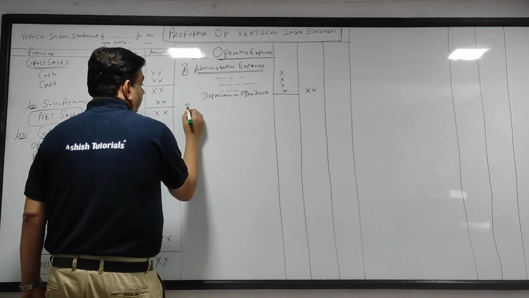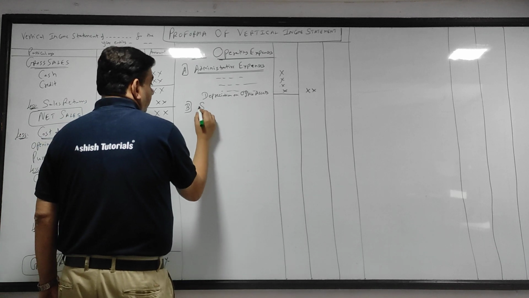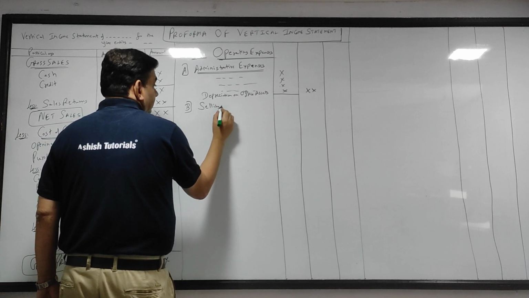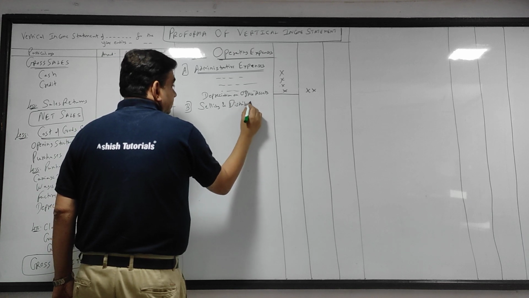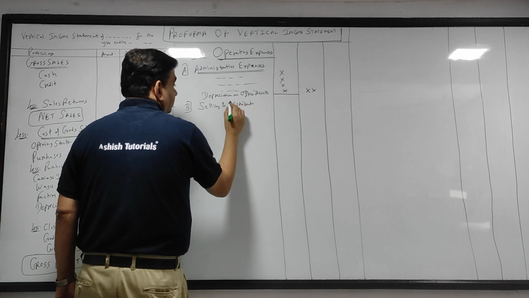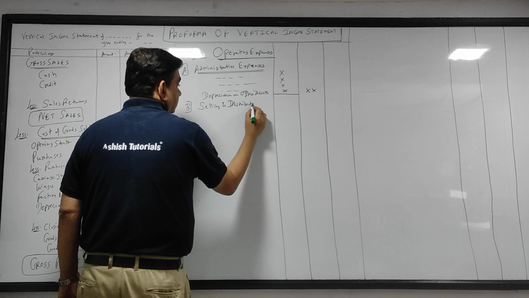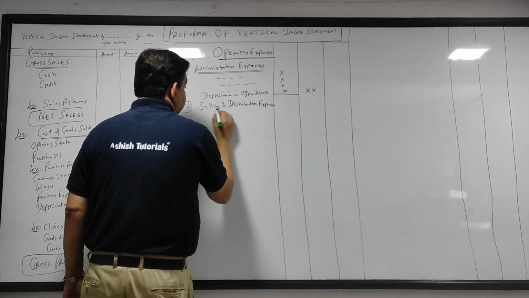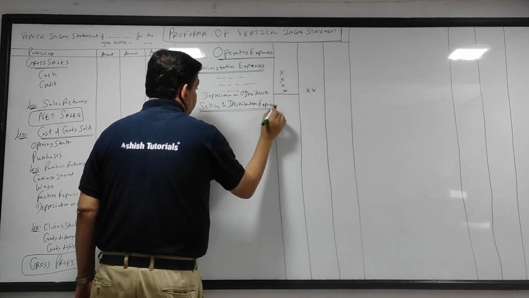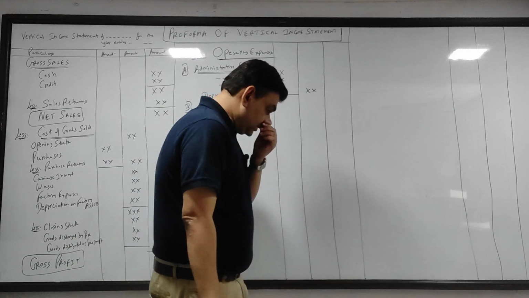You all must have heard this word. BAF students, you all know, BCom also, it will be very common. Second will be selling and distribution expenses.